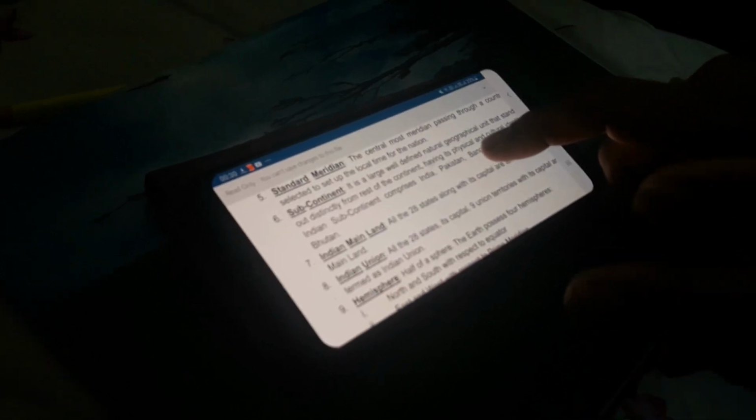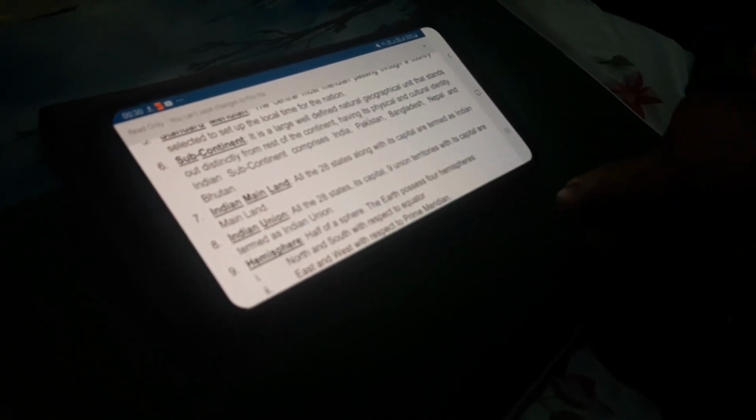Next, subcontinent. Often we use the word Indian subcontinent. So before going to that, we should know what a subcontinent is. It is a large, well-defined, natural, geographical unit that stands out distinctly from the rest of the continent, having its own physical and cultural identity.